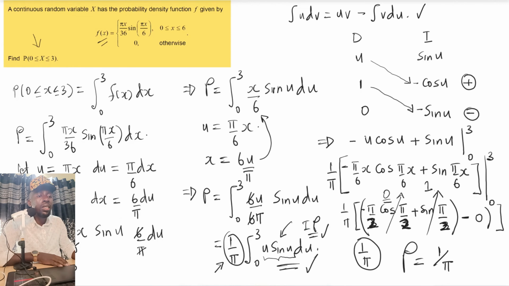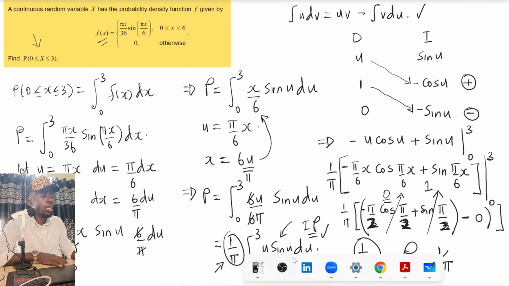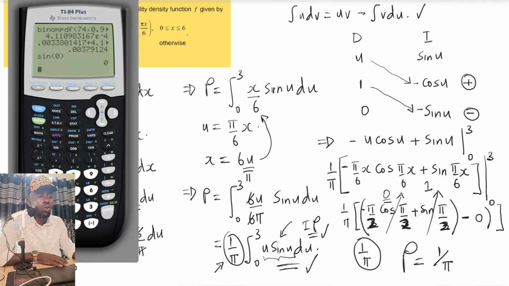1 by pi is equivalent to what? Now let us plug in the value. 1 we divide by pi. Pi is 3.14, isn't it?